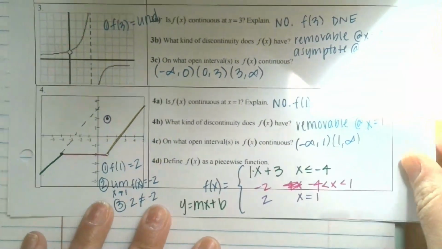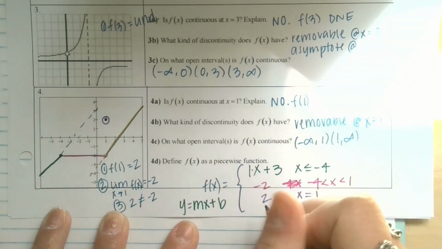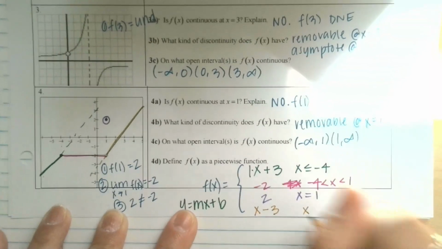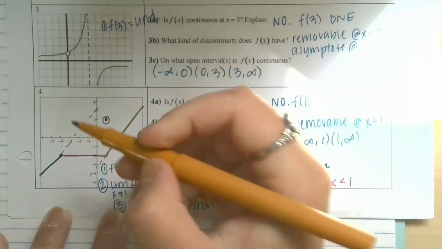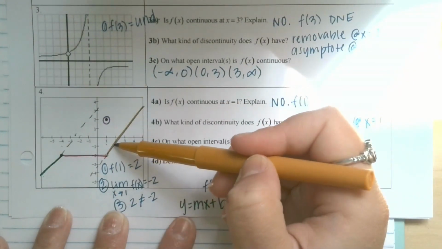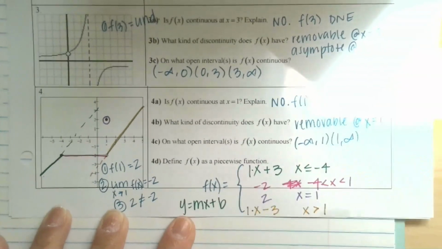And if we were to extend that, it passes through -3, so that's good. So we have x minus 3. This is when x is greater than 1. And again, this looks roughly like it's going up 1 over 1, up 1 over 1. So our slope is just going to be 1 again. Right? So that's our piecewise function.